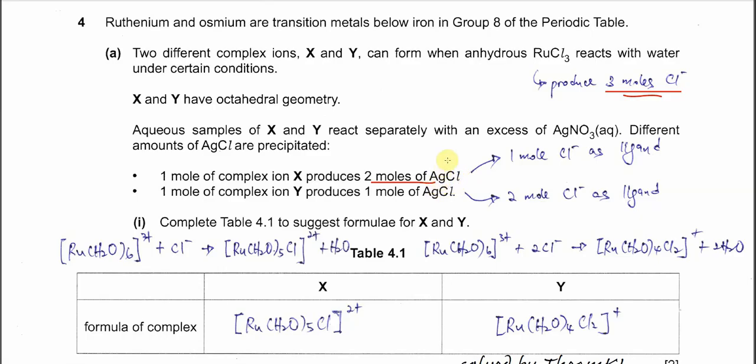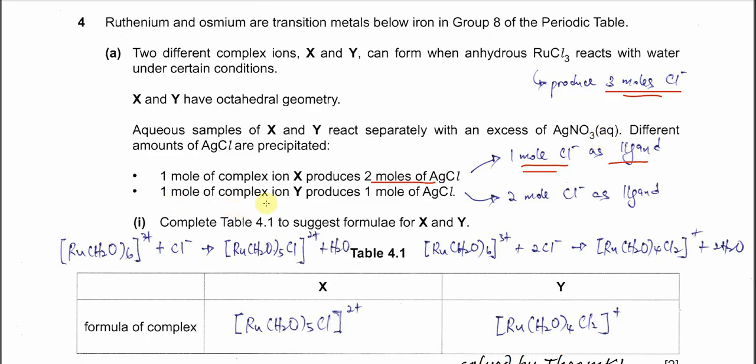So we know that 1 mole of the chloride will be used as a ligand, because the total is 3 moles of chloride. 2 moles already form a precipitate with silver, and 1 mole of chloride is left as the ligand, which will form dative bonds with the ruthenium.